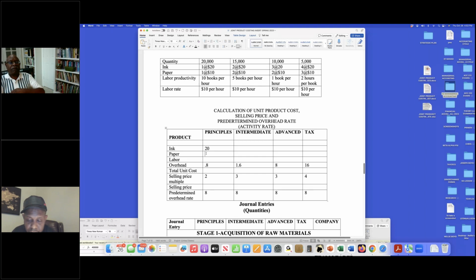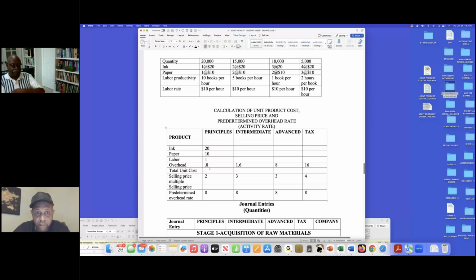So that was a total of 30. And then the labor, you're gonna take 10, you're gonna divide it by 10, which is gonna equal 1. All right. So that's 31. Then you have to take the quantity. No, we ain't doing nothing with the quantity. Oh, now we just add up the ink, paper, labor, and multiply it by 2, right? Yep. So 31 times 2. 31.8, I believe.